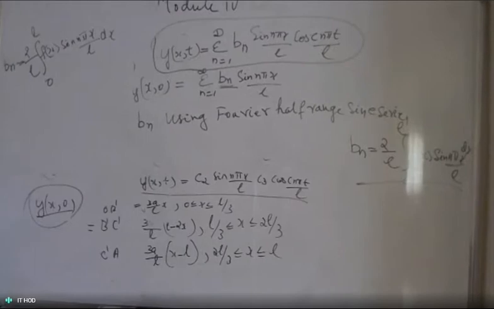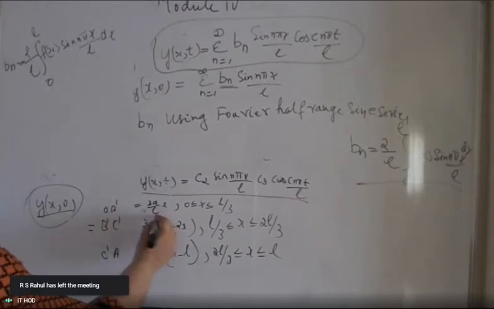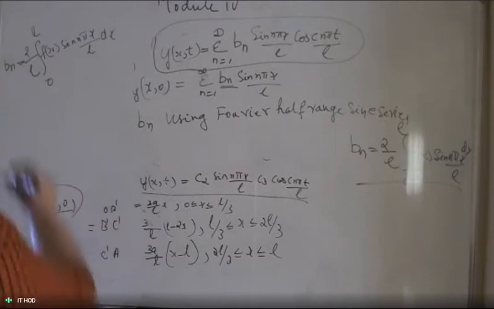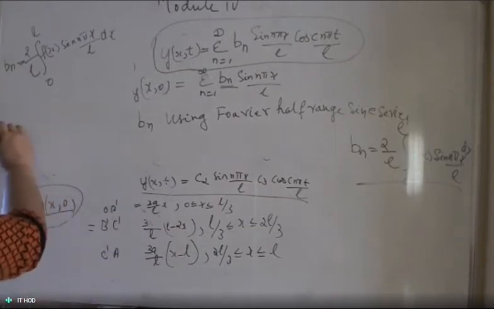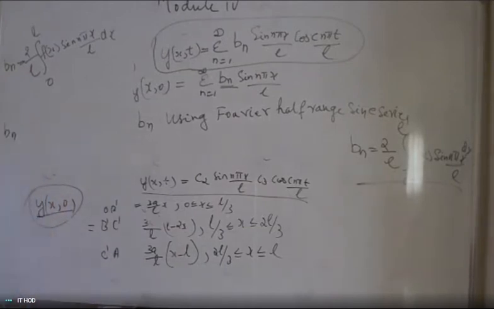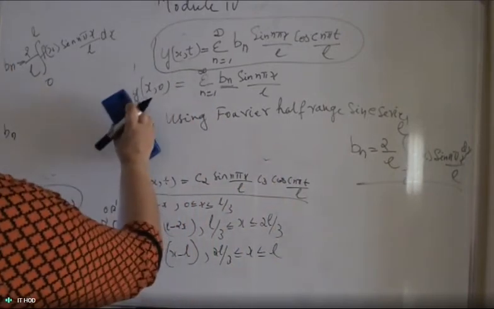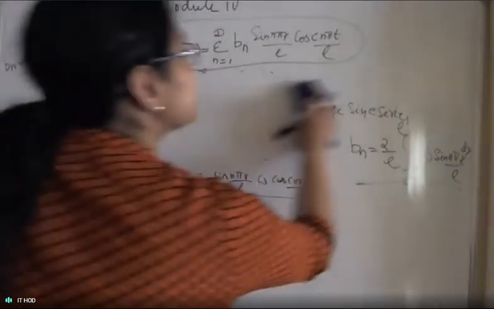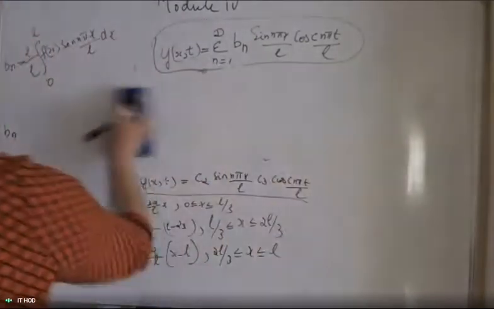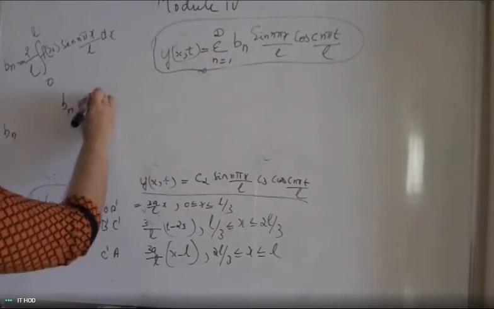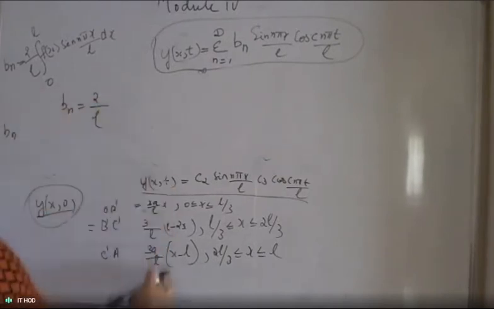So we are going to use this in order to find Bn, and we are going to use this f of x here. So we will get 3 parts for this section. So Bn is equal to, let me write it here because it's a lengthy one. 2 by L, we have 3 parts.